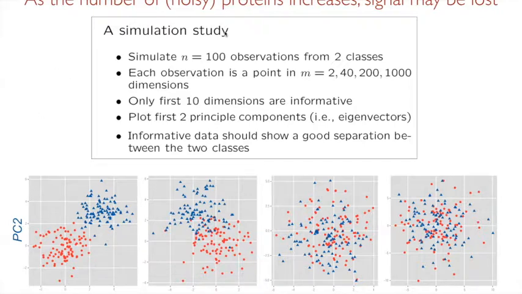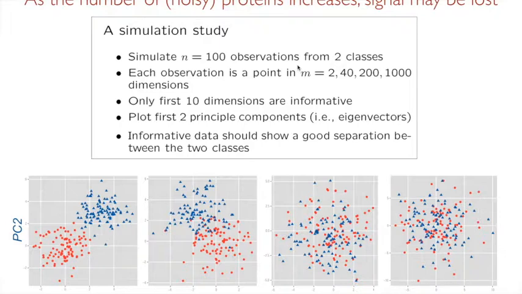They make a fake data set by simulation. Completely fake data. This is group 1 and this is group 2. They have 100 observations from 2 classes, so 100 people here and 100 people here.